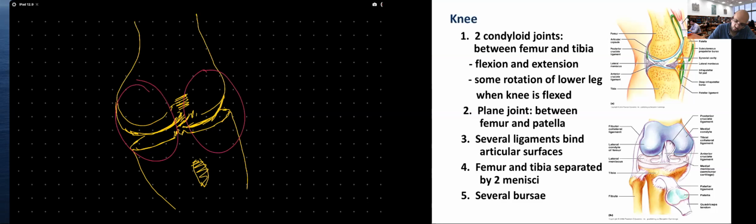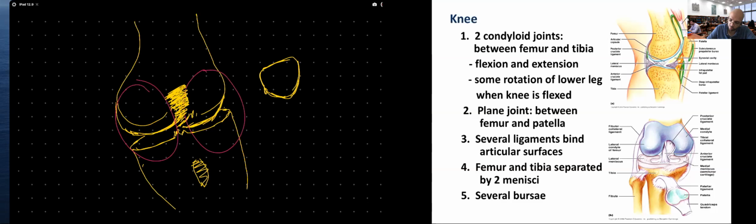We also have another joint between the patellar surface, this flat surface in the anterior aspect of the lower end of the femur. It's going to be articulating with this triangular shaped bone called the patella. And remember, between the patella and the patellar surface, we have a short gliding motion. It's a plane joint. I have two flat surfaces.